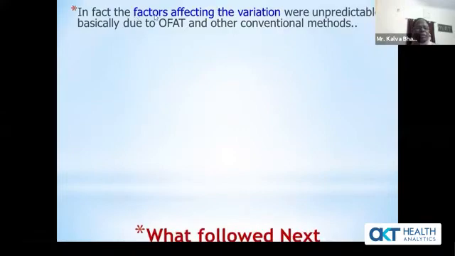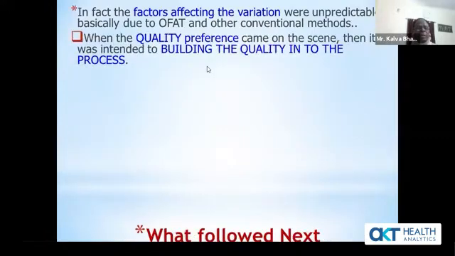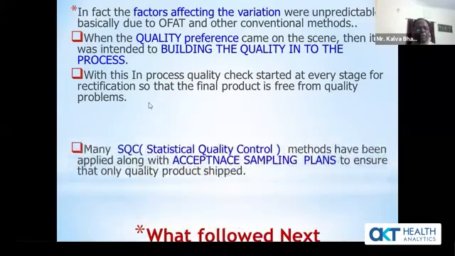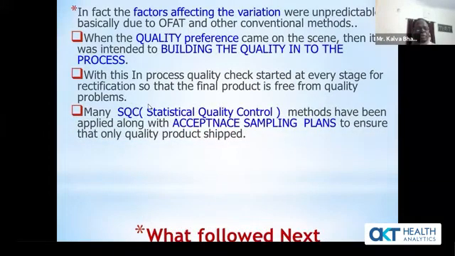In fact, the factors affecting the variation were unpredictable, basically due to OFAT and other conventional methods. When the quality preference came on the scene, then it was intended to build the quality into the process. Then all sorts of in-process inspection, statistical control methods, etc. started.